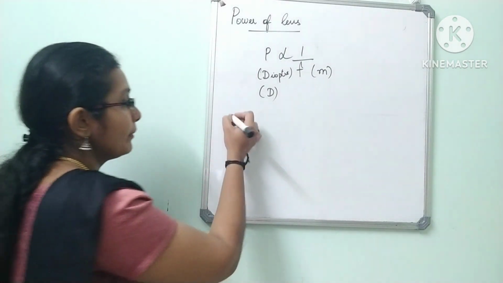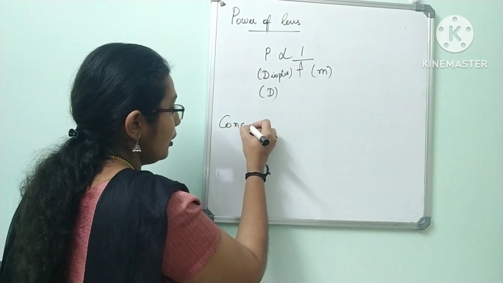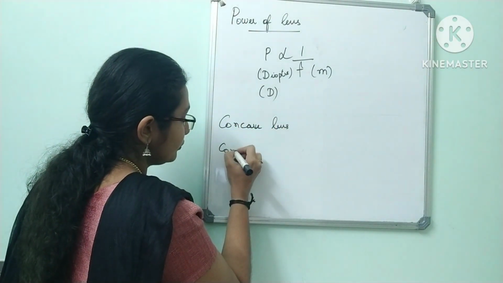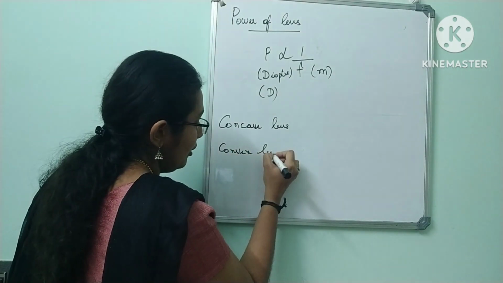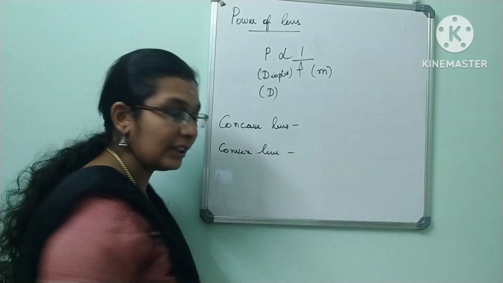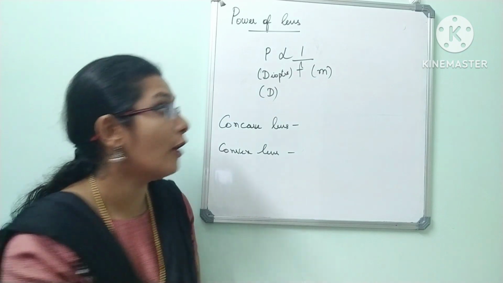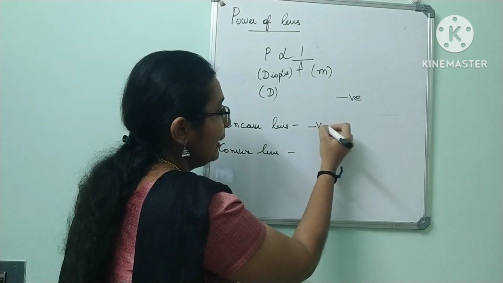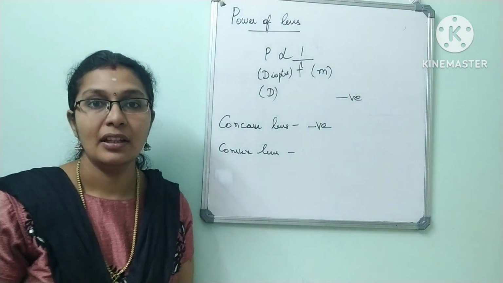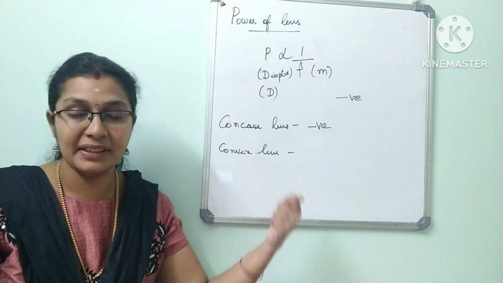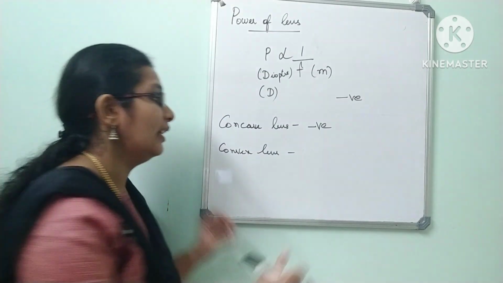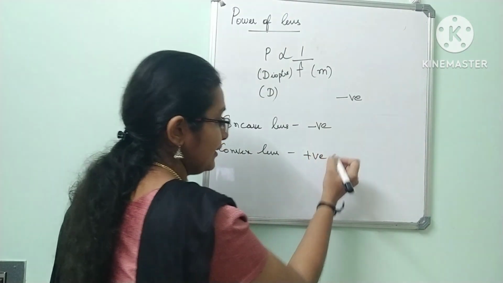Understand one more thing, concave lens and convex lens. When a doctor prescribes a power of minus, negative, it means he is prescribing a concave lens. Whereas if he is prescribing a power of positive, plus, it means a convex lens.